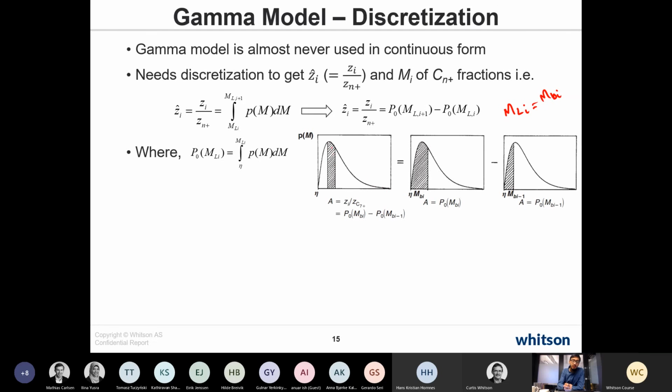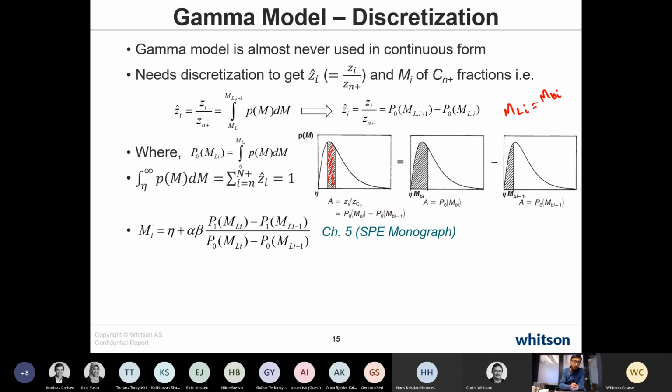And once you discretize it, this area under the curve, this shaded area, is going to give you the amount of that component that you are interested in, and it also gives you the average molecular weight of that component. So this is the equation from chapter 5 in the SPE monograph.